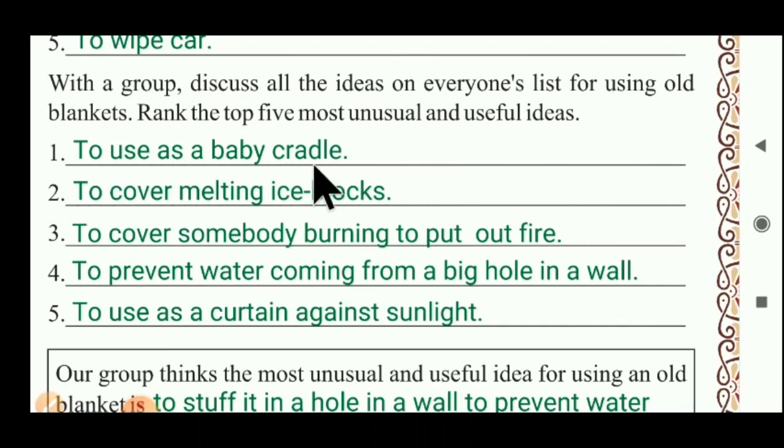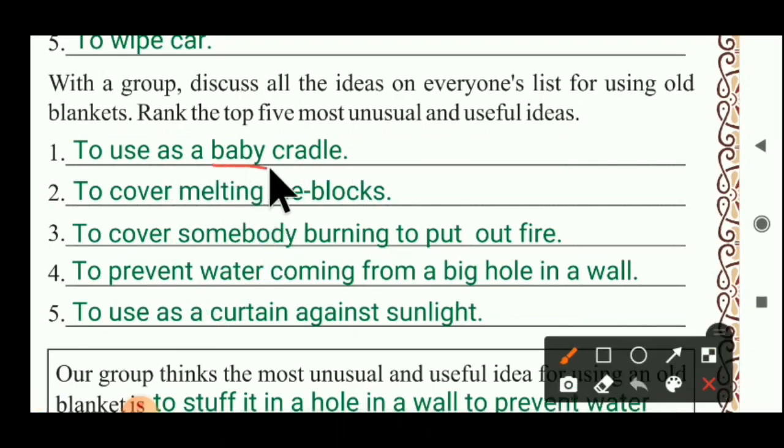So I write here. First one, to use as a baby cradle. Making a cradle for swinging babies. This is the first idea. Second is to cover melting ice blocks.